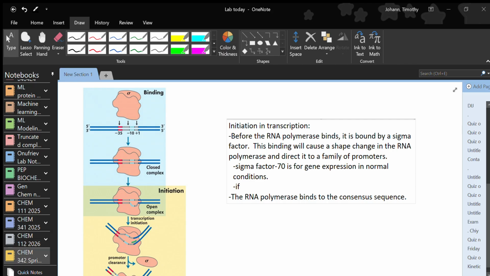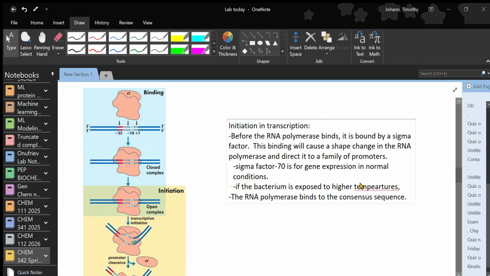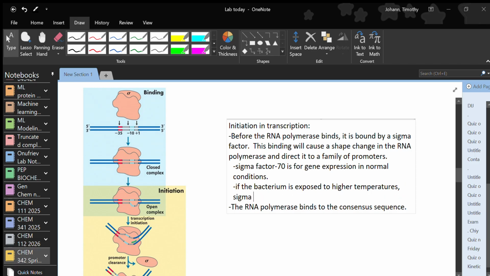Okay. If the bacteria is exposed to high temperature, 42 degrees, let's say, if it's exposed to higher temperatures, then sigma factor 32 is going to be made. And that will cause a shape change and a different set of genes will be expressed.